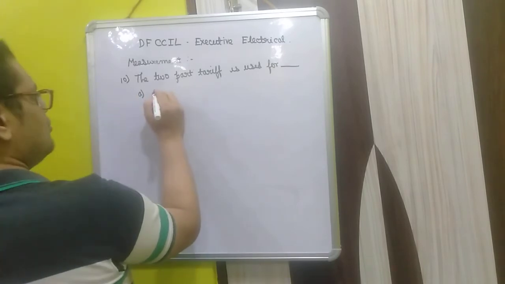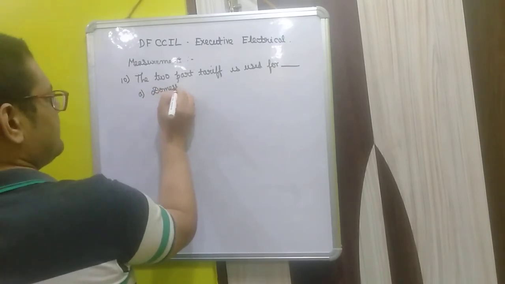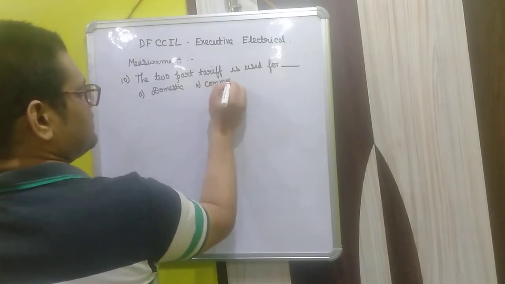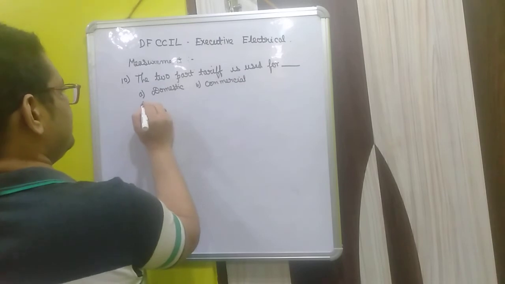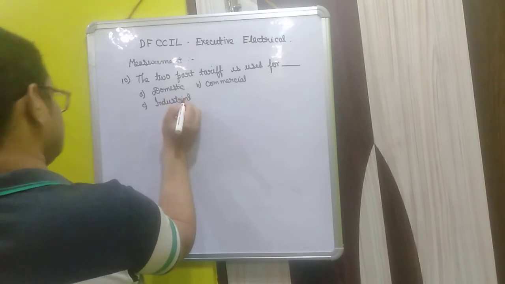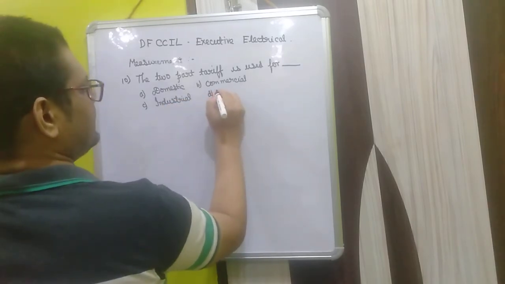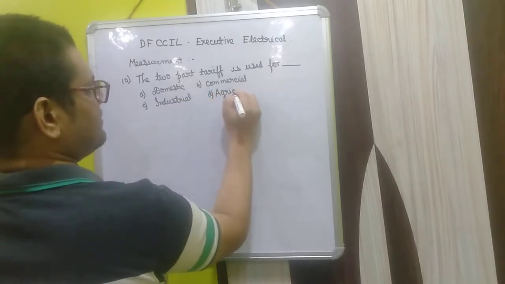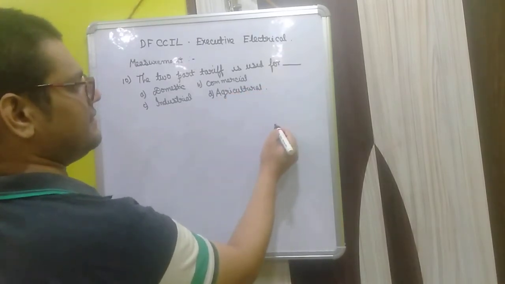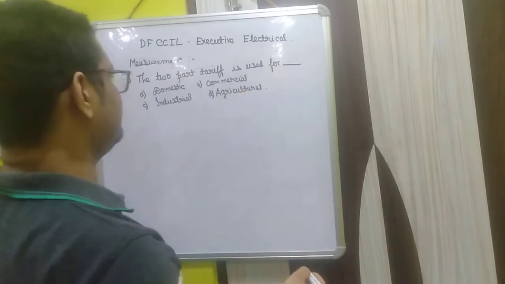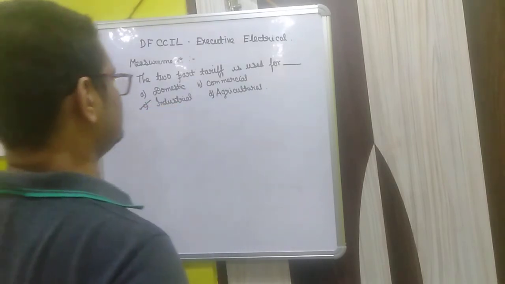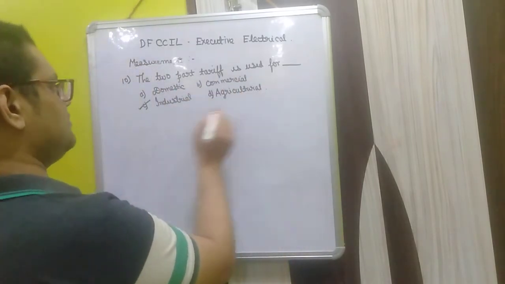Number A is domestic. Number B is commercial. Number C is industrial. Number D is agricultural. We know that there are many types of tariff: one part tariff, two part tariff, three part tariff for making the electricity bill. So this two part tariff is used for industrial purposes. So it's also theoretical, a very easy question.